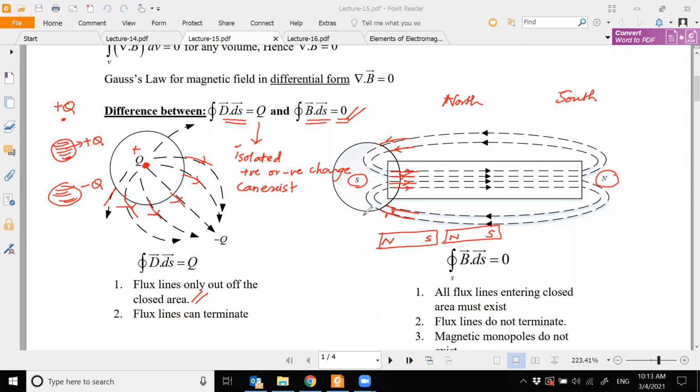So always, if you put a closed surface and try to evaluate this, you will have the magnetic flux lines entering and an equivalent amount of magnetic flux lines leaving, so that the net is 0. So this is called the Gauss's law of magnetostatics.